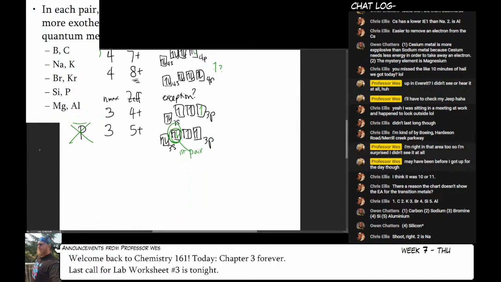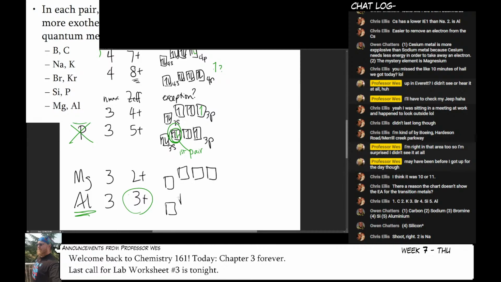And then finally, magnesium and aluminum. I'm just going to skip the column labels this time. These are both in period 3, so they have N equals 3. And we really don't need to do any more than this. There you go. But if you really wanted to rationalize it out a little further, 3s, 3p, these are labels I'll put in.